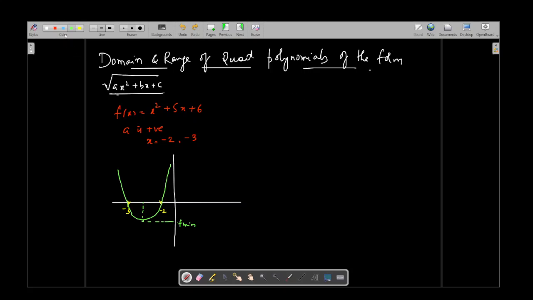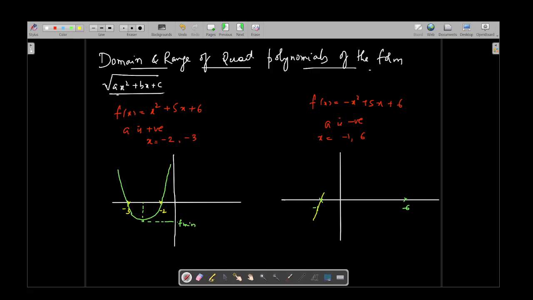Similarly, if I have a curve which is f of x is equal to -x squared plus 5x plus 6, then here a is negative and the roots are -1 and 6. You can verify it. Since a is negative, the curve looks down like this.